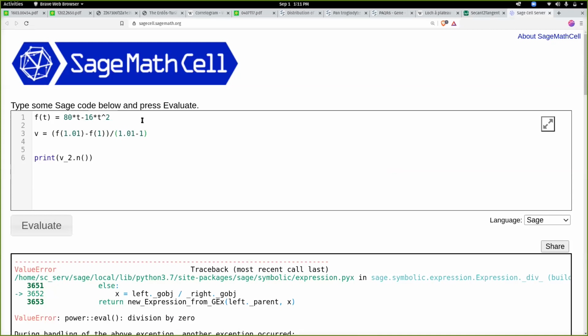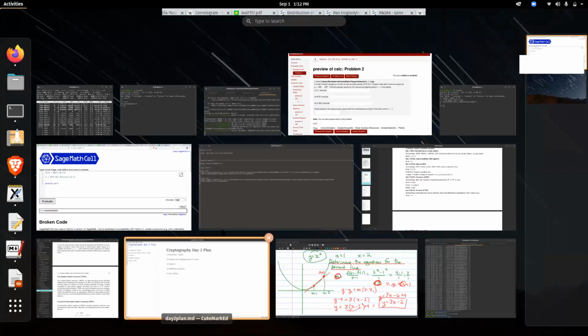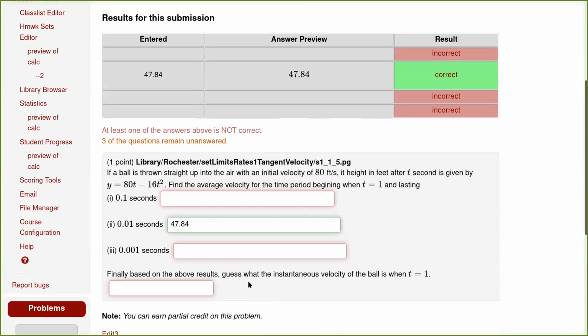Or we could just write the time difference, which is 0.01. And I'll evaluate here and get the answer. The answer is 47.839999. So I'm just going to call this 47.84 and come back to this sheet. Well, let's try 47.84. Check answers. Yes. Okay.